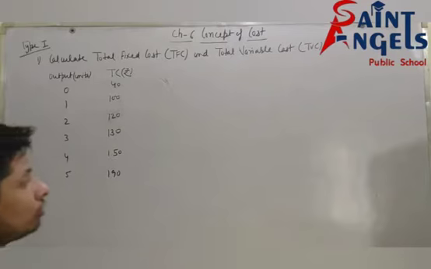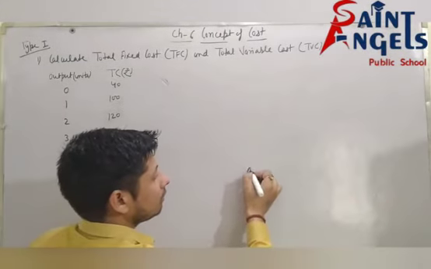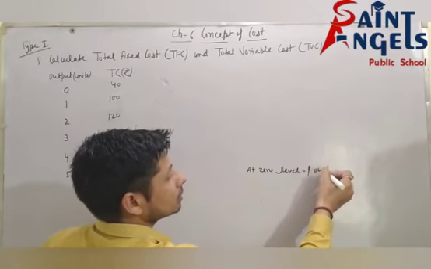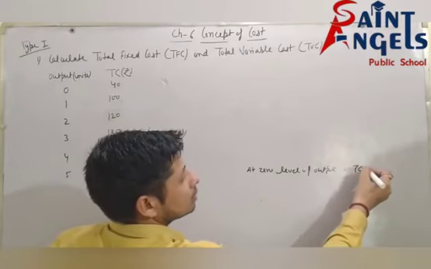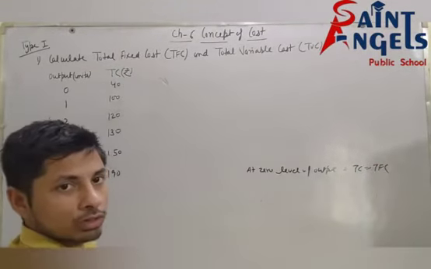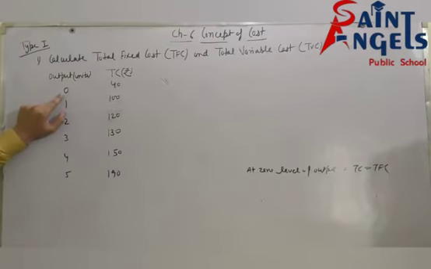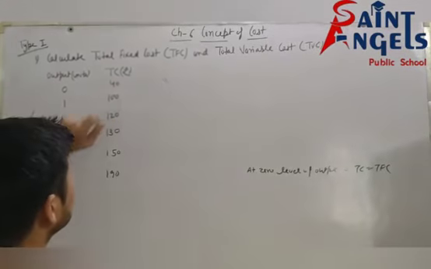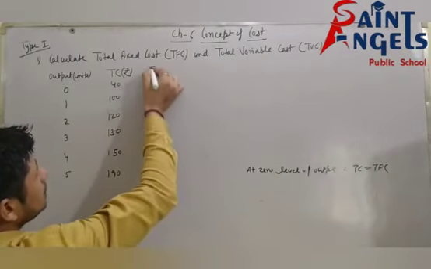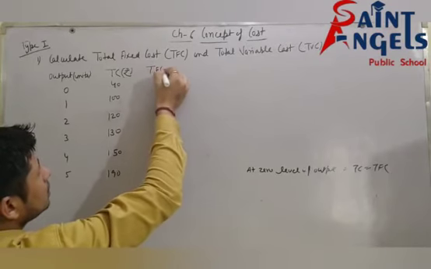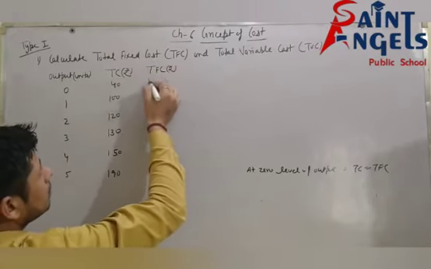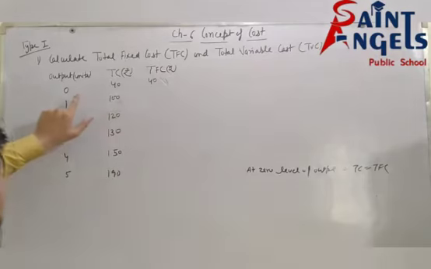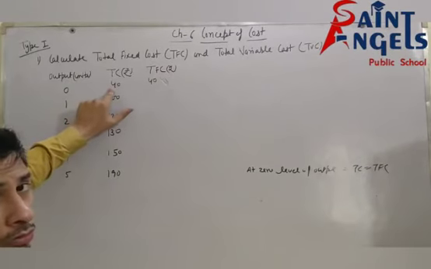See, now you know that at zero level of output, TC is equal to TFC. At zero level of output, TC is rupee 40.